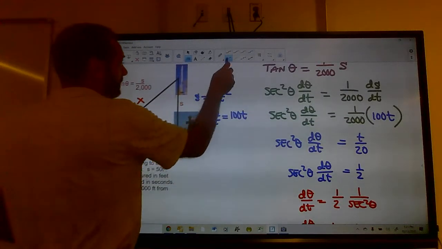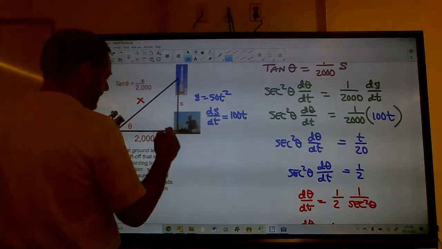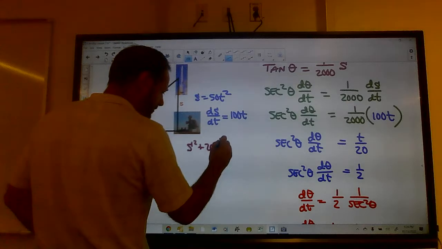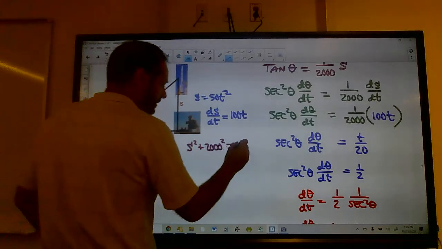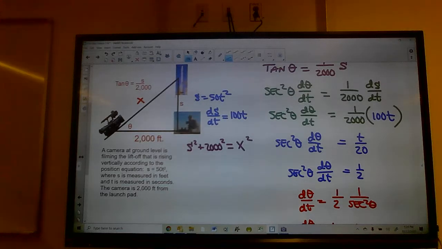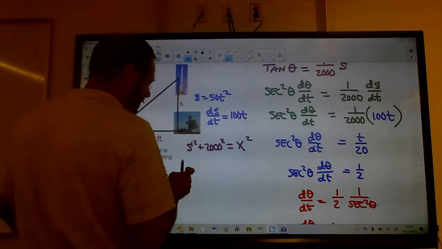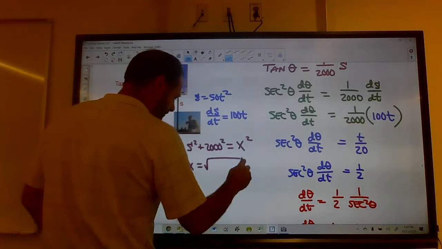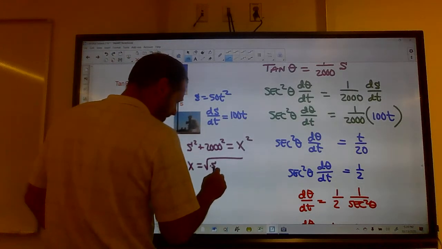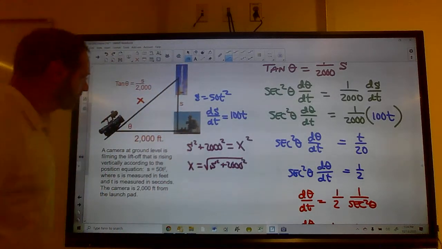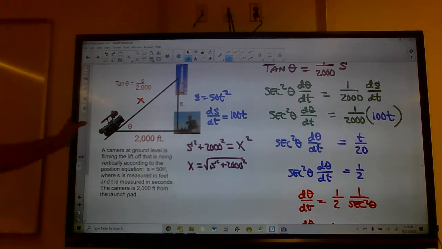Let's see here. s squared plus 2,000 squared is going to equal x squared. And then x is going to be the square root of s squared plus 2,000 squared. That's going to be this.